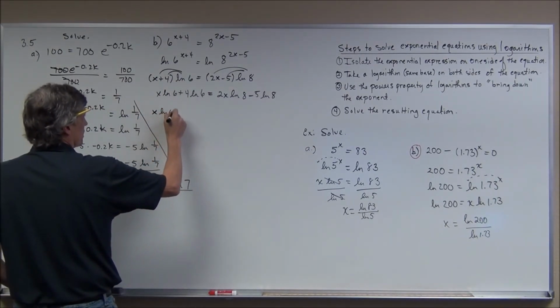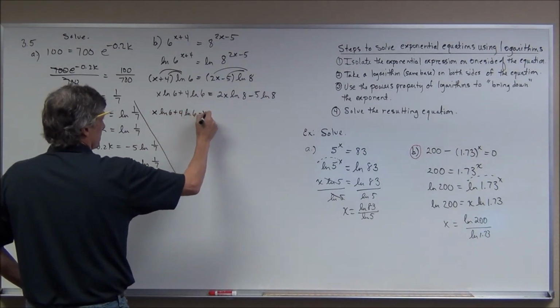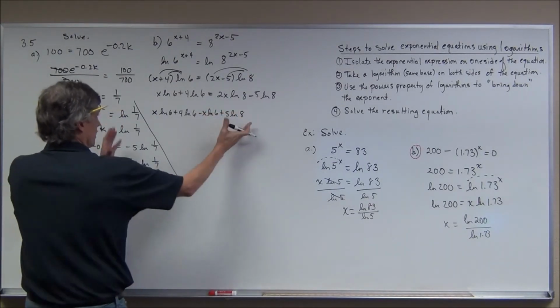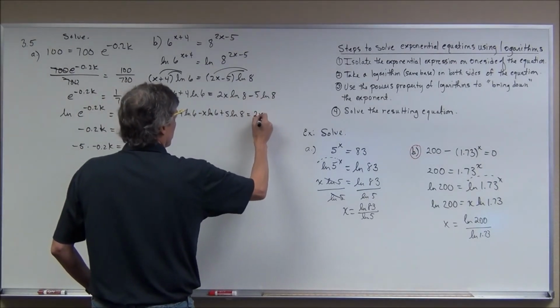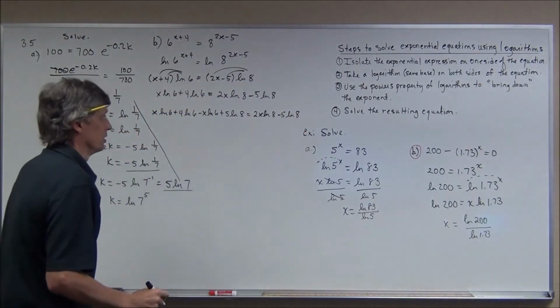x natural log of 6 plus 4 natural log of 6. I'm going to subtract x natural log of 6, and I'm going to add 5 natural log of 8. So that's the left side equals. The right side is all this again. Fortunately, this is going to simplify a little bit.